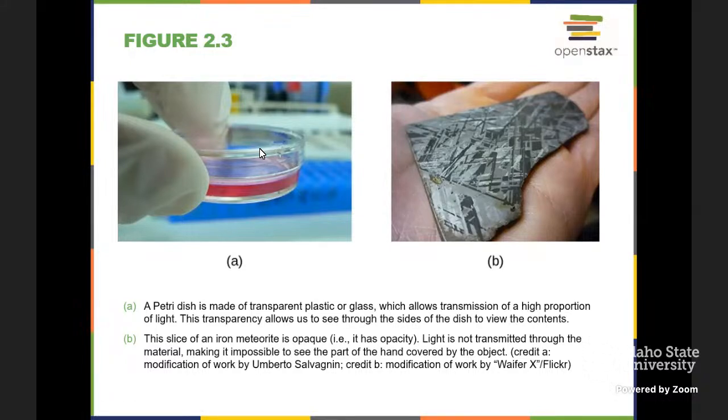Our Petri dish, which you have worked with already in the lab, is clear plastic, nice because you can look right in there without even having to lift the lid off and see bacteria that are growing on these plates. Sometimes you're lifting the lid off to deal with stuff, but you can see right through there versus this little hunk of meteorite that is opaque.